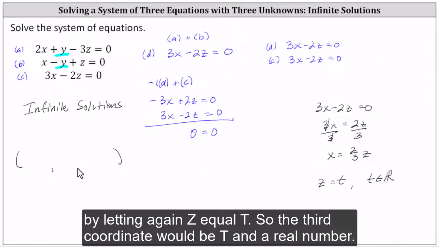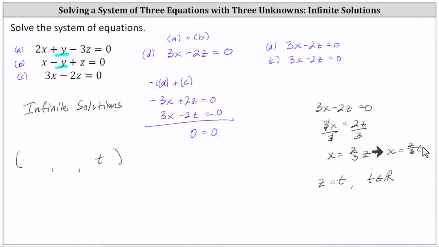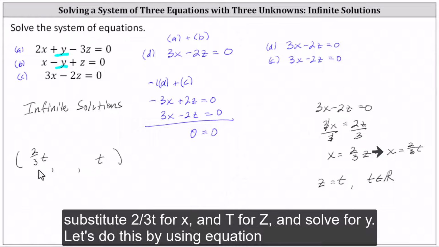So the third coordinate would be t, any real number. And if z is equal to t, notice we could express x as x equals 2/3 t. And then to express y in terms of t, we would have to go back to either equation A or B, substitute 2/3 t for x and t for z, and solve for y.